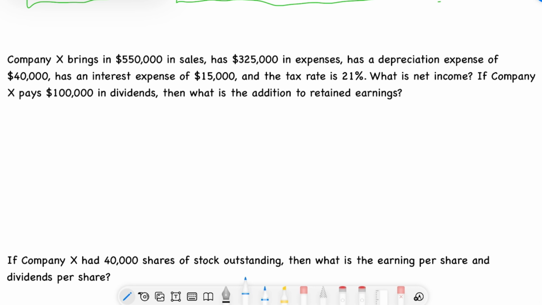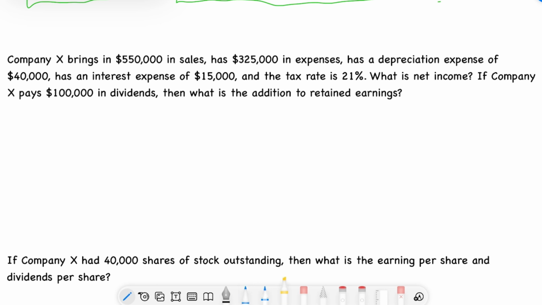All right, we have our next problem. Company X brings in $550,000 in sales, has $325,000 in expenses, has a depreciation expense of $40,000, has an interest expense of $15,000, and the tax rate is 21%. What is net income? And then if Company X pays $100,000 in dividends, then what is the addition to retained earnings? Let's see.